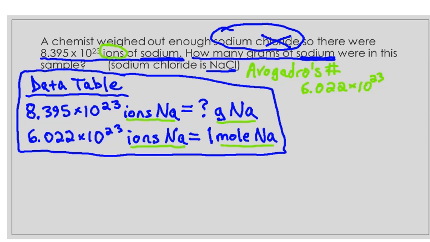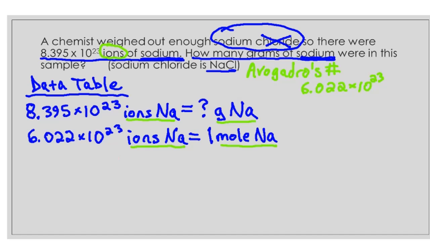And we have moles of sodium here, but we don't have another mention of moles of sodium. So we're not finished with our data table. Now we need to write another equivalency converting grams of sodium into a mole of sodium, and that should complete our data table. So we need to find out how many grams of sodium equals 1 mole of sodium.